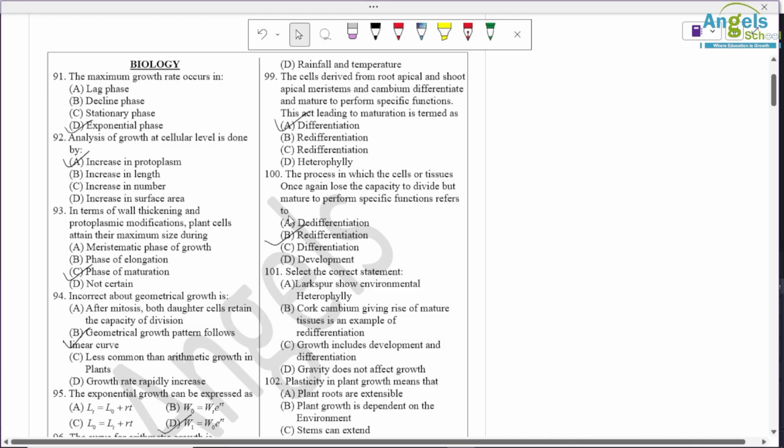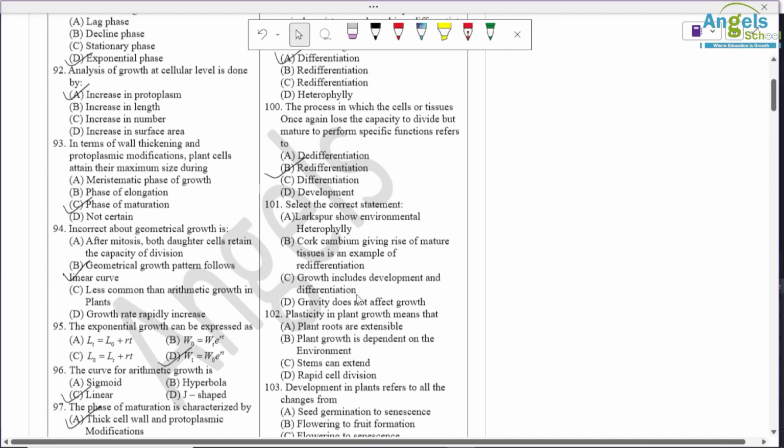Select the correct statement. Larkspur shows environmental heterophyly. Wrong statement. Larkspur shows phases of growth in heterophyly. Buttercup shows environmental heterophyly. Okay. Cork cambium giving rise to mature tissue is an example of redifferentiation. So it is a correct statement. Growth includes development and differentiation.